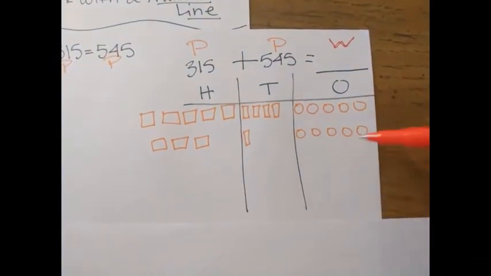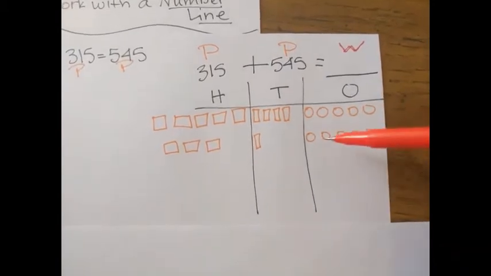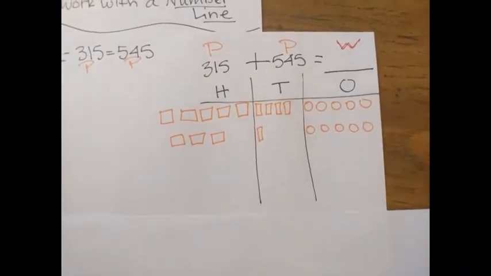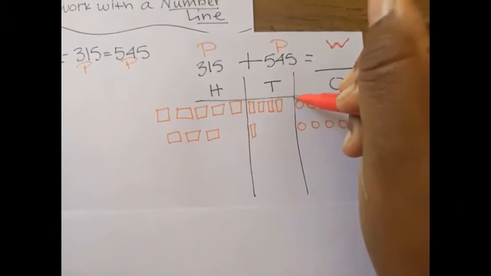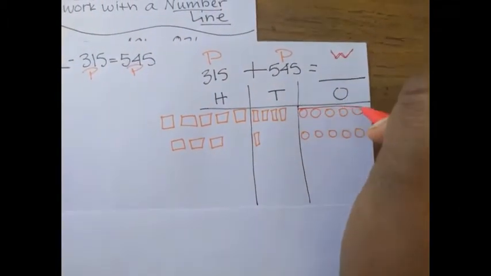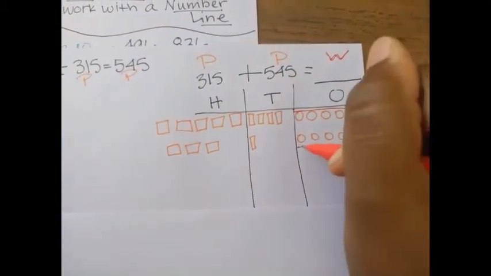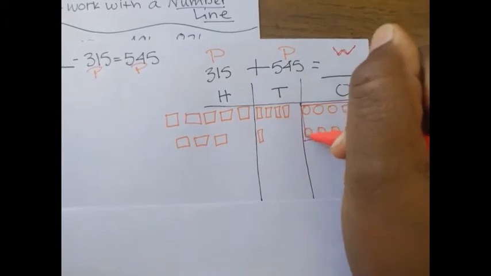So let's go ahead and count. We have 1, 2, 3, 4, 5, 6, 7, 8, 9, 10. Wow, we have 10 ones there. So that means that we are going to regroup those 10 ones, and we are going to put them to our tens.